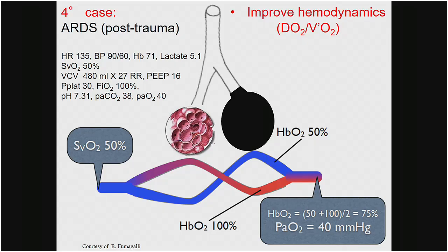So here, this patient has ARDS, okay? Part of the lung, or of the alveolar space, is completely consolidated, represented here in black, and part of the lung is actually working well, in pink. So there is, let's say, a 50% shunt. So even if we are able to oxygenate the hemoglobin to 100% in 50% of the perfusion to the lung, the other 50% remains at 50% because of the shunt.